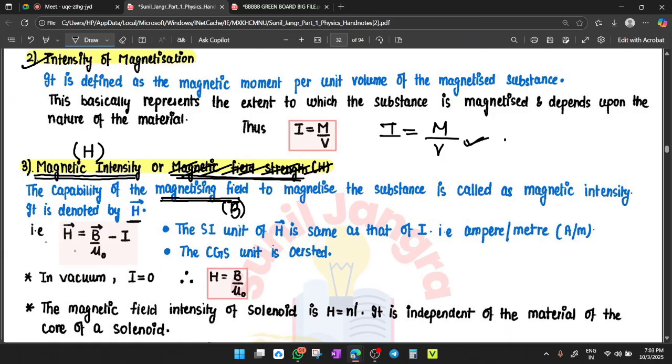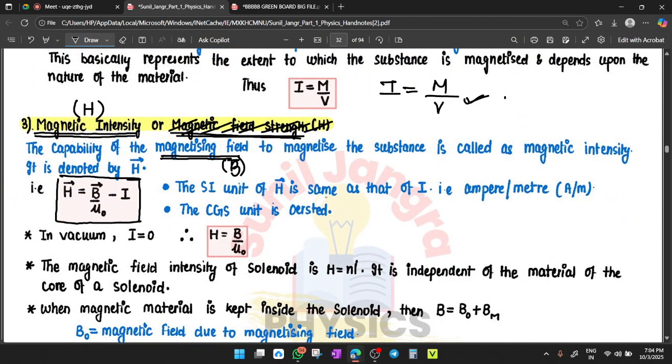Write this formula, very important: H equals B upon mu naught minus I, where I is the intensity of magnetization. So write the formula H equals B by mu naught.